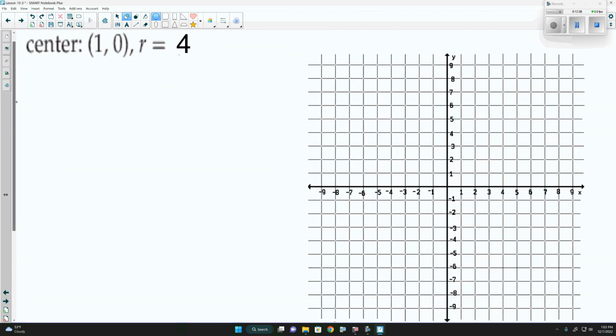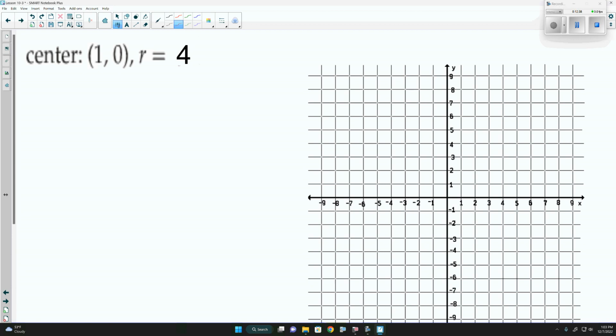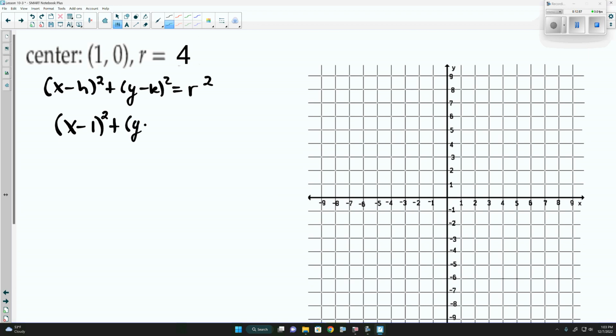Let's look at this one here because we're going to skip one. For finding the equation, we can just start with the center: (x − 1)² + (y − 0)² is equal to the radius squared.